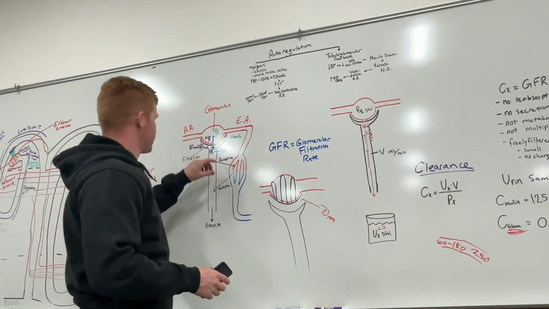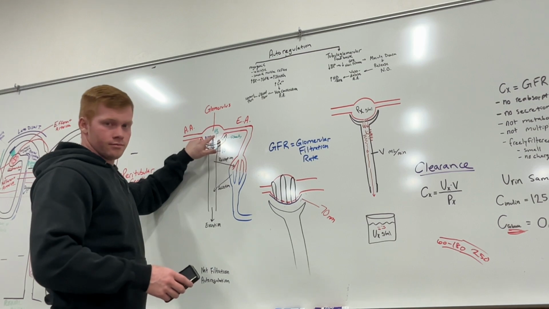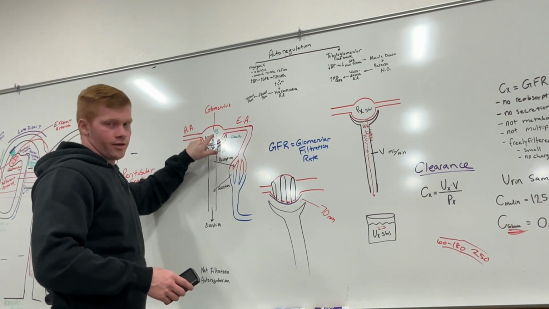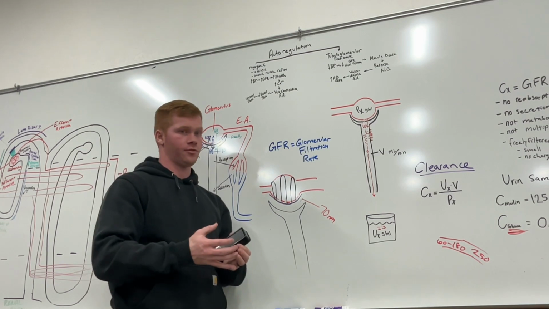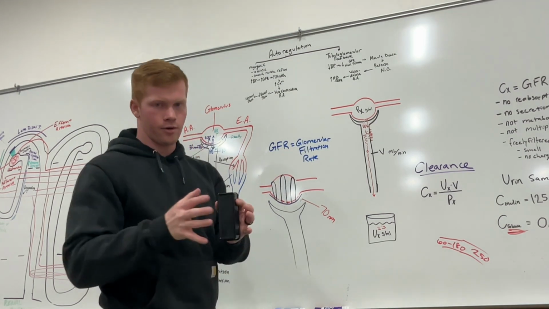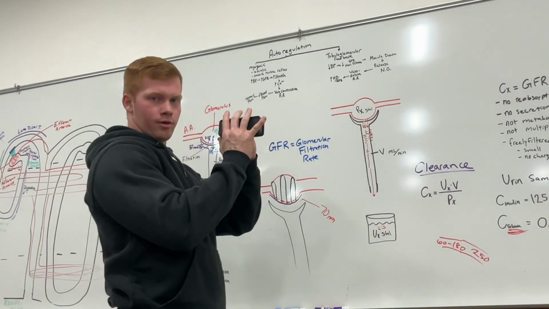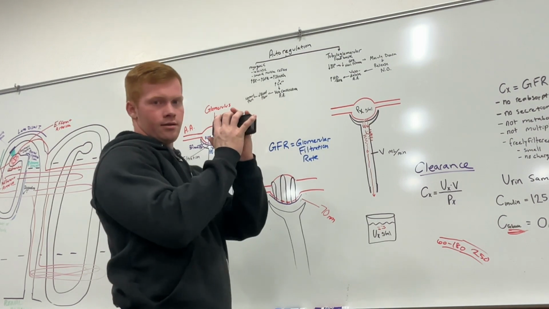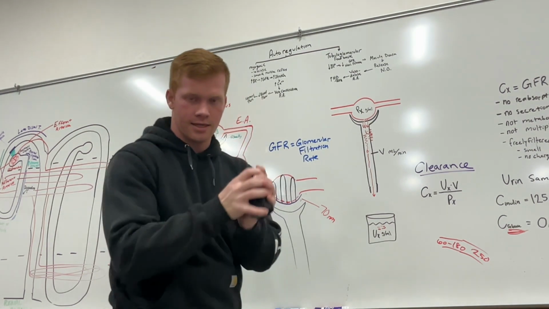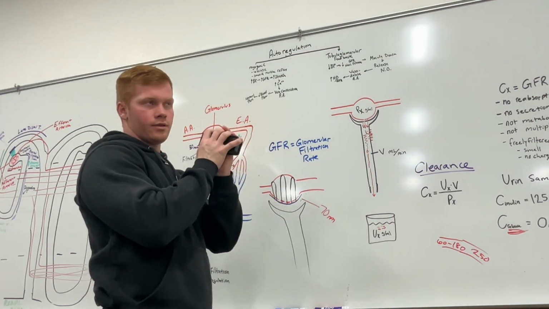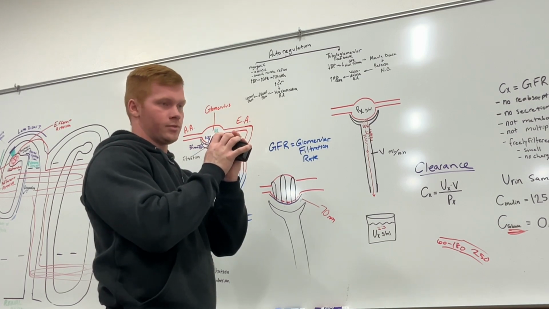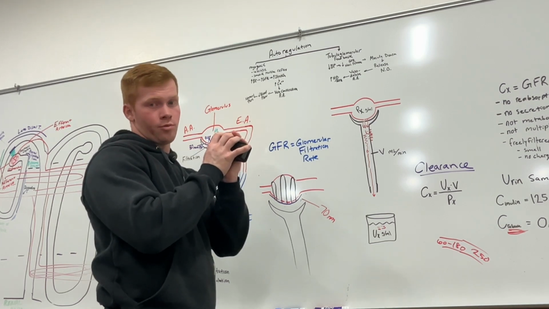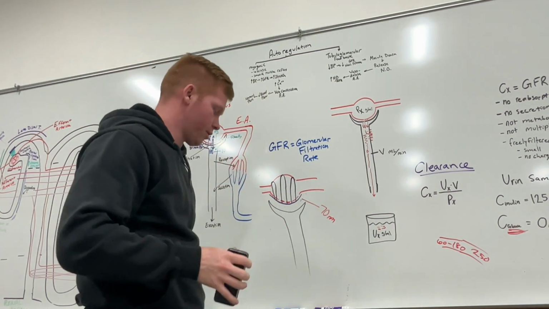We talked about there's like 50 millimeters of mercury of hydrostatic pressure. That's a lot for those capillaries. So you have these podocytes that wrap around the glomerulus like this, and they help secure it and give some support for all that pressure, so those don't burst.